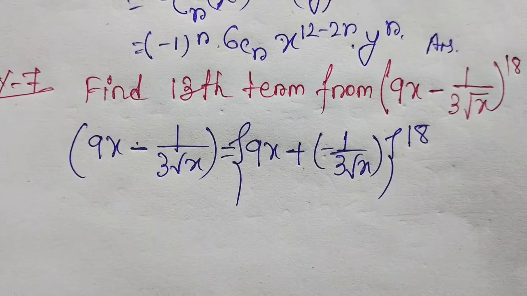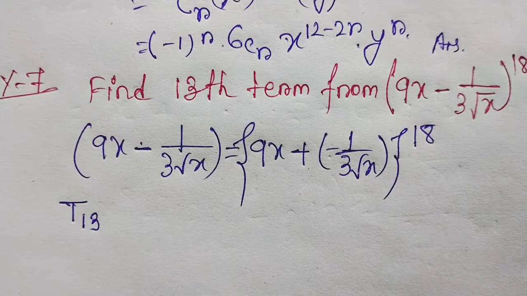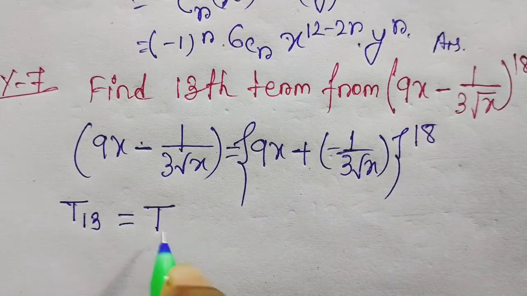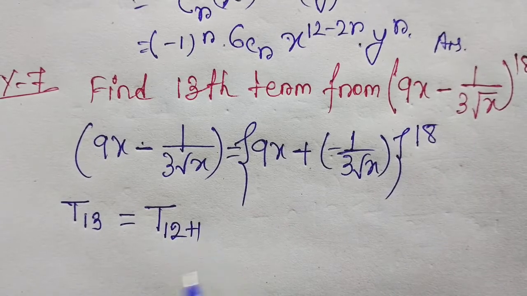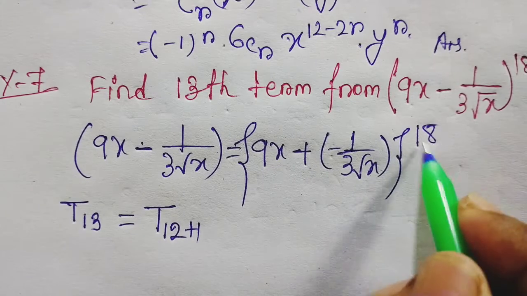Now we have to find the 13th term, that means T13. Now we can write 13 means 12 plus 1, so here r means 12 and n is 18.